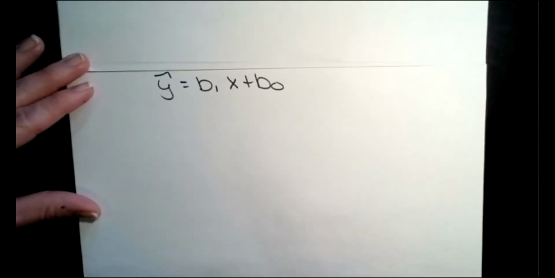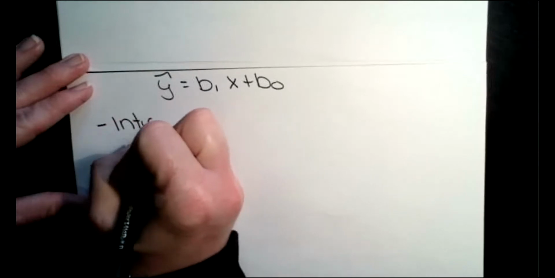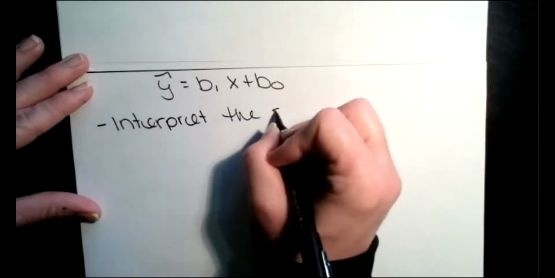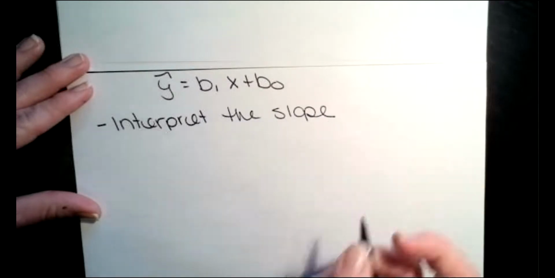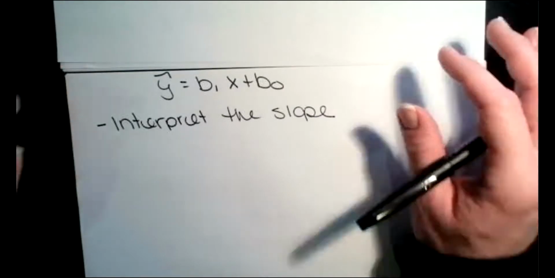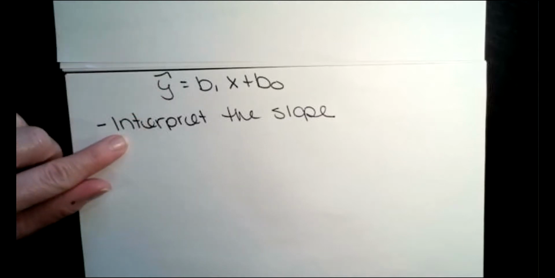The first thing we can do is interpret the slope of the line. This is all under what we call the regression analysis. A regression analysis will give us our equation of our line, and from that we can interpret the slope.